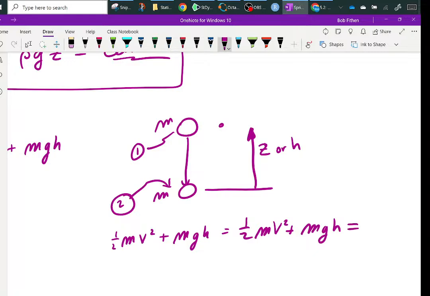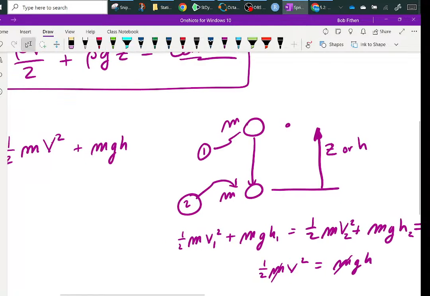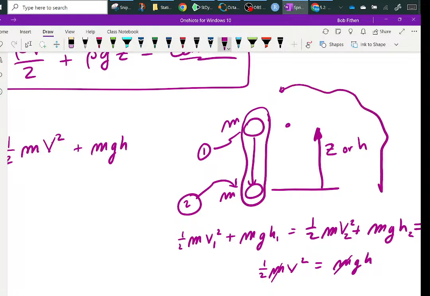So in essence, it was a constant. And so then you said 1, 1, 2, 2, and then you started working out the problem, and you found out 1/2 mv squared is equal to mgh. Then you could cancel out your masses and do stuff like that. So what you were doing is you were tracking your marble. You were sitting on your marble and watching it flow downhill somehow.